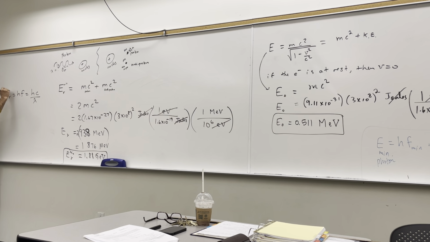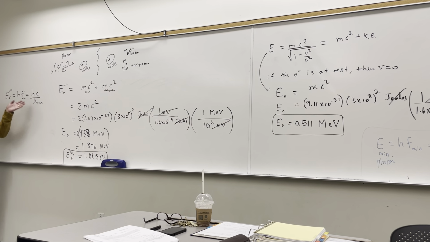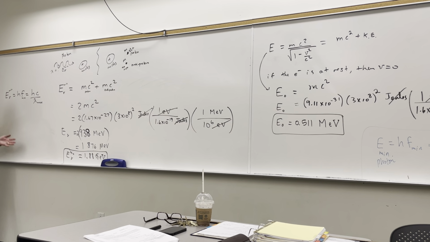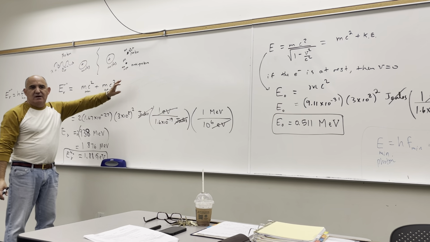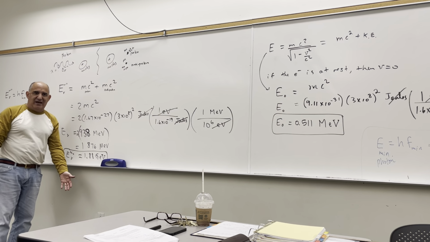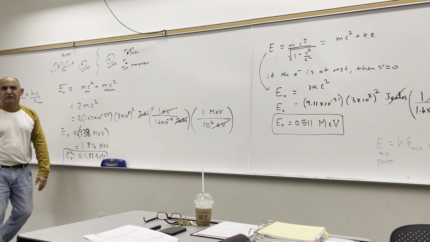Now, if this is a minimum, that means the frequency is going to be a minimum, but if I want to minimize the frequency, I have to maximize the wavelength. So the wavelength has to be either equal to some value or smaller than that value. If it's equal to that value, it'll just make the particles without endowing them with kinetic energy. But if the wavelength is even shorter than that, any leftover energy will appear as kinetic energy of these two particles.